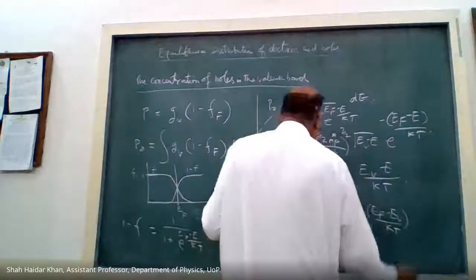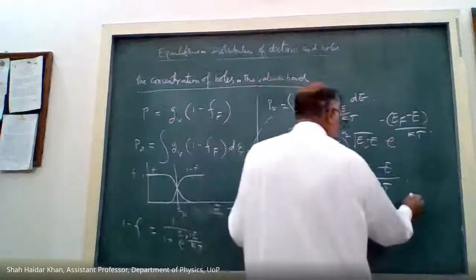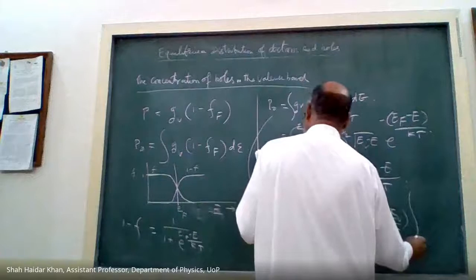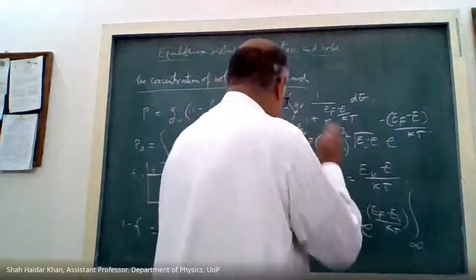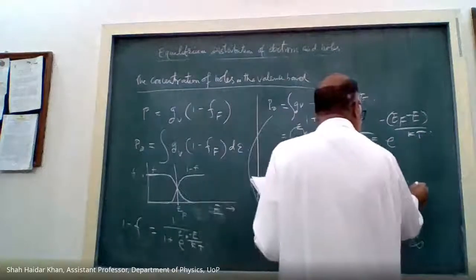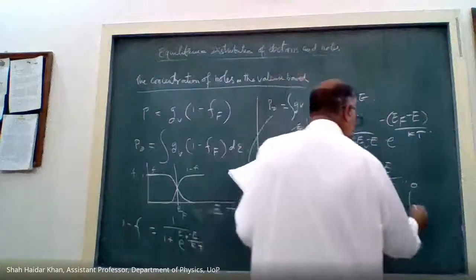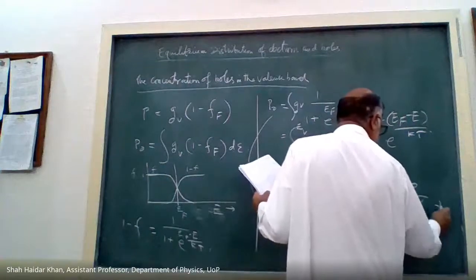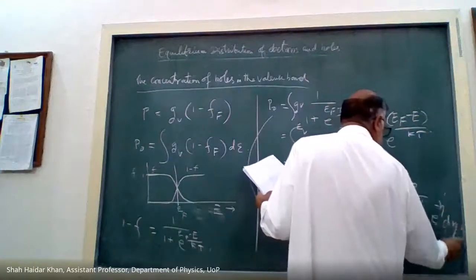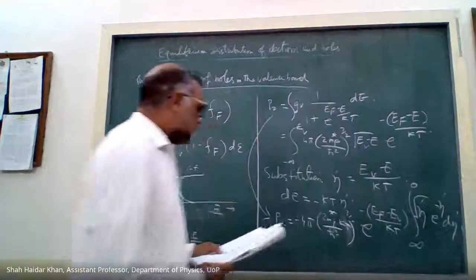Over KT, and from infinity to 0, eta prime square root e to the power minus eta prime d eta prime.